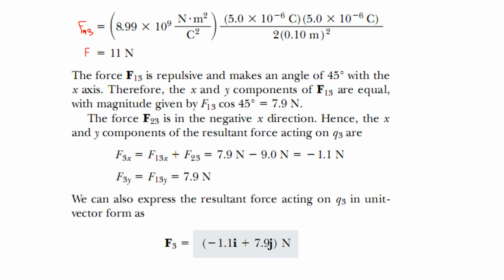We are done by calculating the magnitude of these forces. We have seen that the force on charge 3 due to charge 2 is oriented in negative y, which means that it has a 0 y component. And the force on charge 3 due to charge 1 makes an angle of 45 degrees with the x-axis.